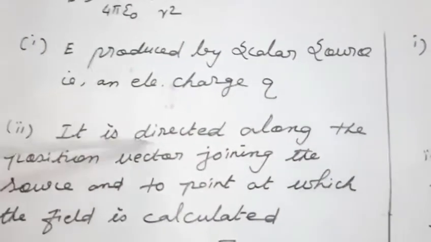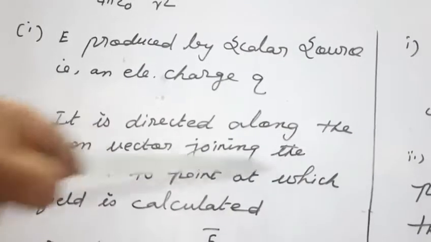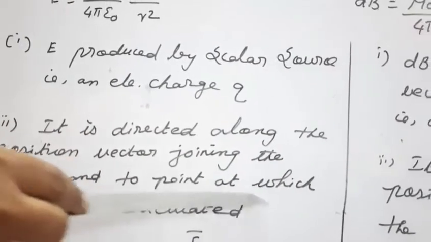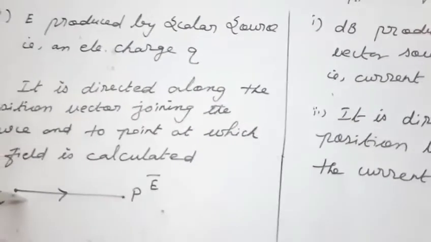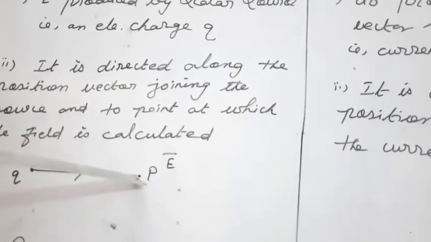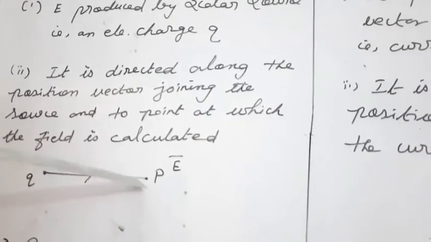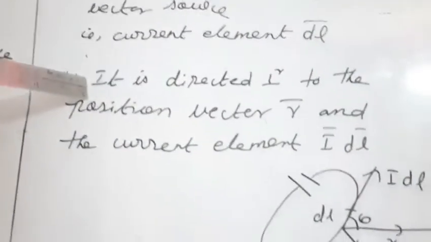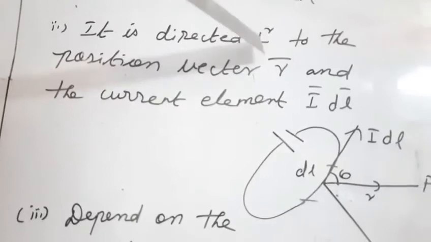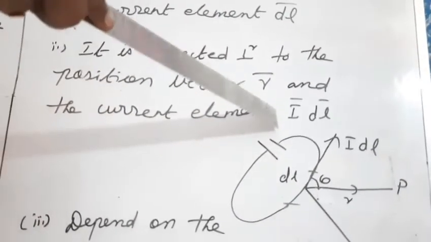The second difference: the electric field is directed along the position vector joining the source and the point at which the field is calculated. Let us take this diagram, charge q and the position vector: when we connect these two, the direction of the electric field is in this direction. And the magnetic field is directed perpendicular to both the position vector r and the current element I dl.